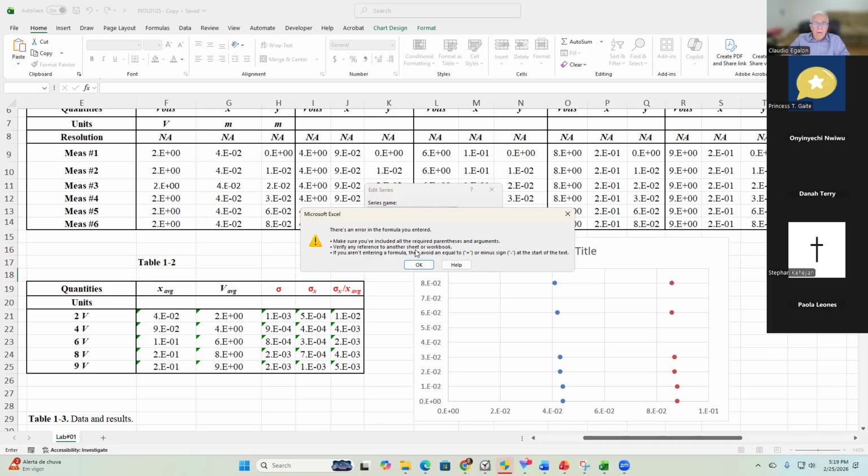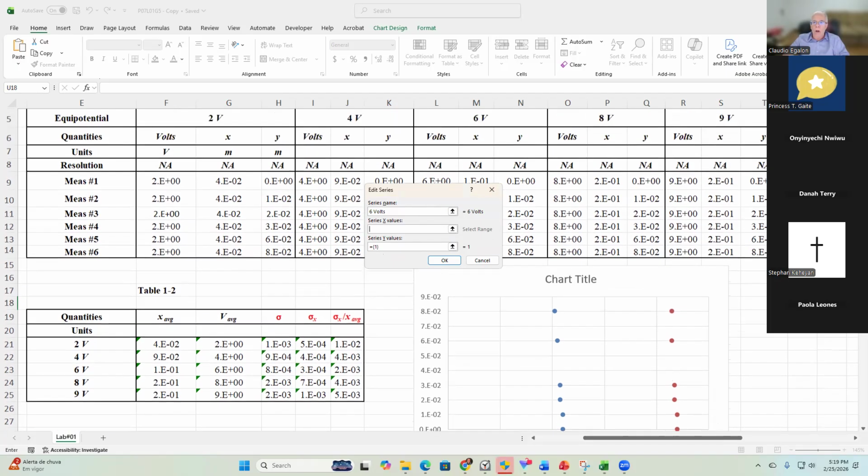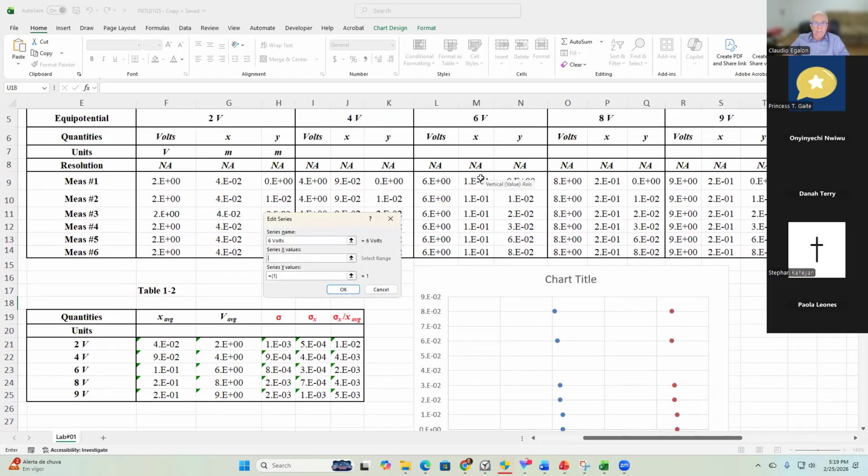Make sure you have included all the required parentheses and arguments. Okay, you don't need a parenthesis and argument, do you? What's going on here? 6 volts. I put the equal sign here. It doesn't accept the equal sign. Series X values. Now we highlight the X values of the 6 volts.